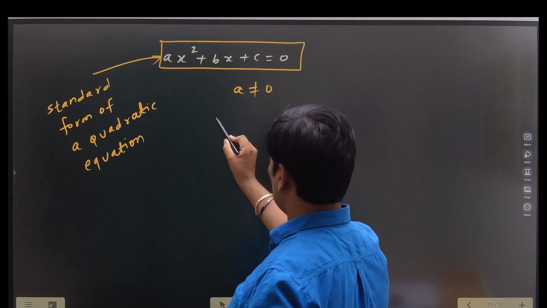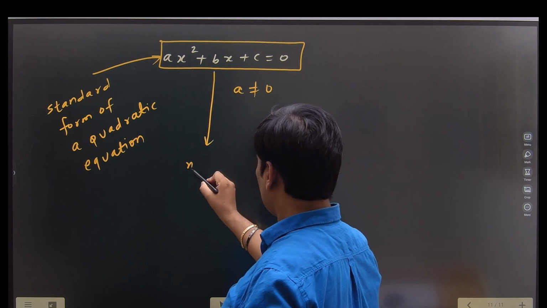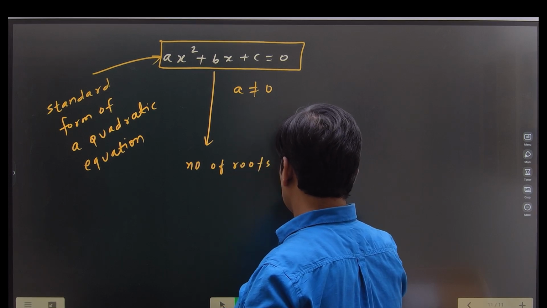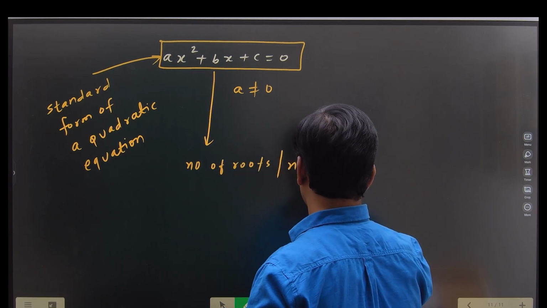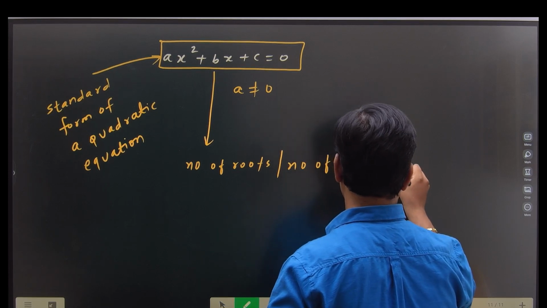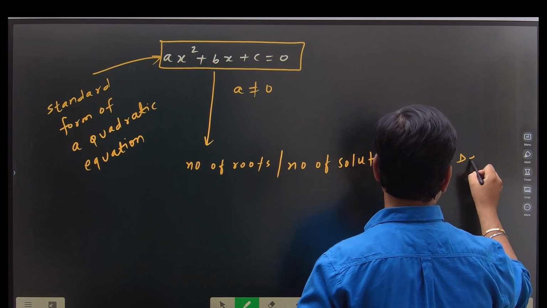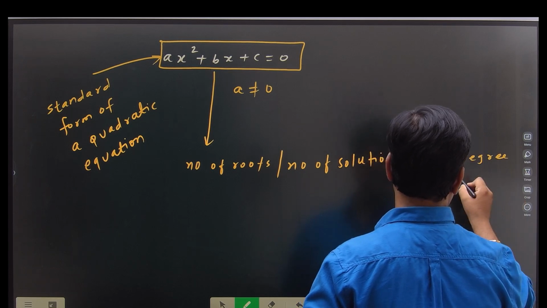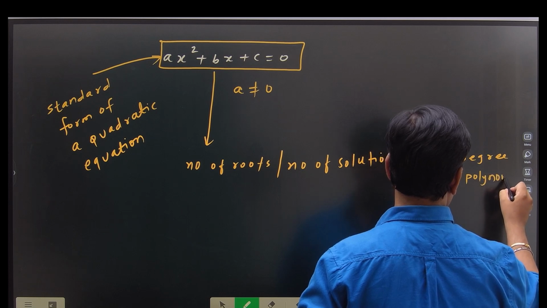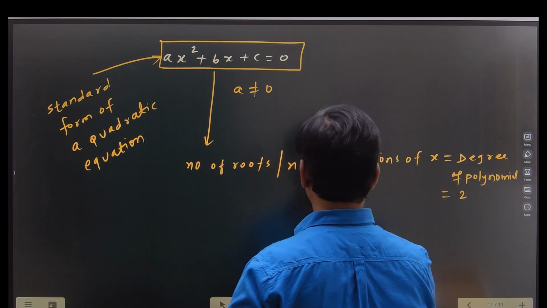Number of roots, number of solutions of x is equal to the degree of the polynomial. So the degree of the polynomial is 2. So the number of roots is 2.